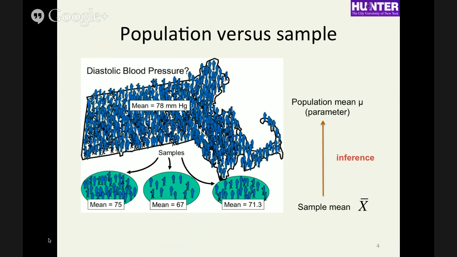A sampling distribution is made up of summaries of samples. So a sample might be a sample of 30 people or 100 people, but in the sampling distribution, it is about a bunch of samples, all of the same size. So if n equals 30, it's many samples of size 30, and it's a distribution of the means of those samples.